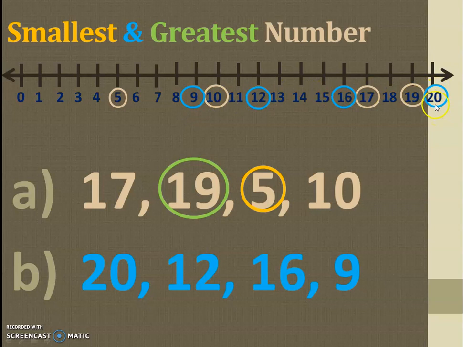So this is the biggest or greatest or largest number. I'm going to mark this 9 as the smallest in yellow color, and the last number 20 in green, which is the greatest number, because the smallest number comes first and the greatest number comes last among the four. So like that we are going to mark using number line.